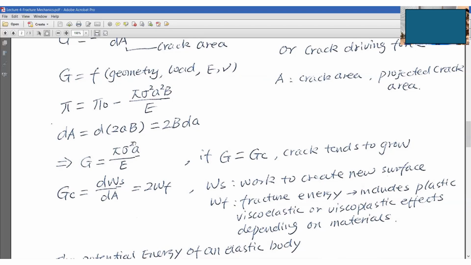This is the energy release rate, which is closely related to the geometry of the cracked body, including the crack length, applied load, Young's modulus, and Poisson ratio.